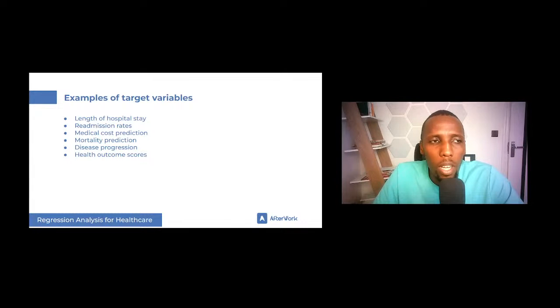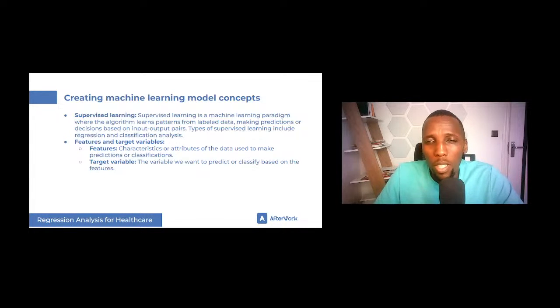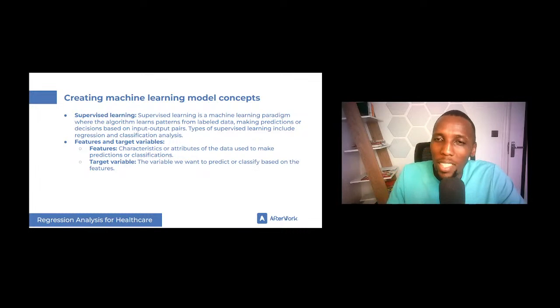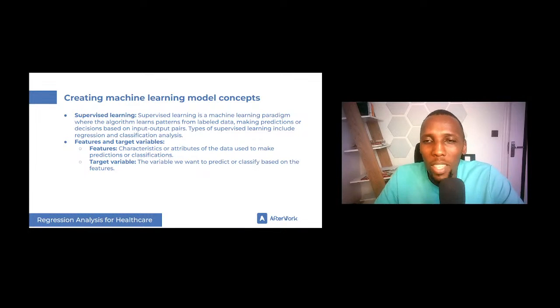The process of creating a model normally requires an understanding of various concepts, like what is supervised learning. Supervised learning is a category of machine learning that involves training a model, so you're basically supervising it in that process, and then using that model to make predictions on new data.